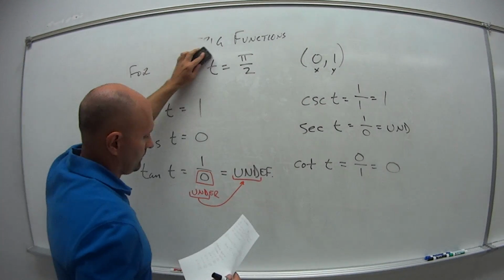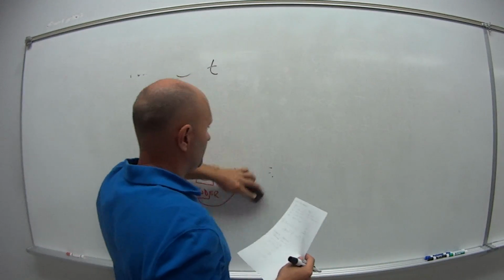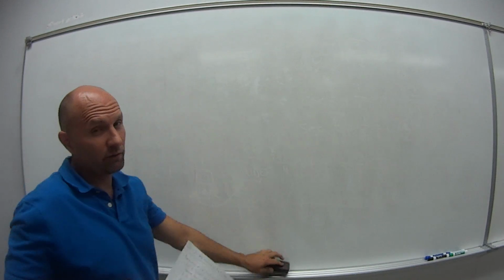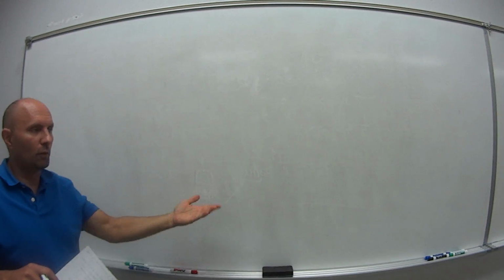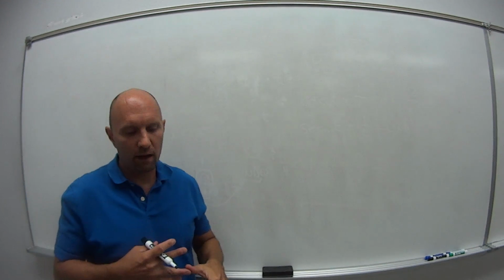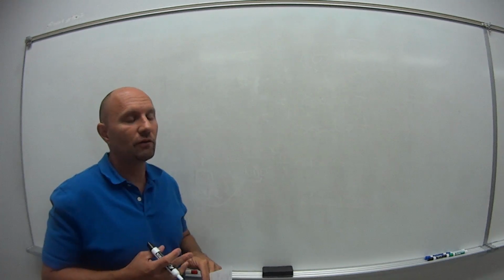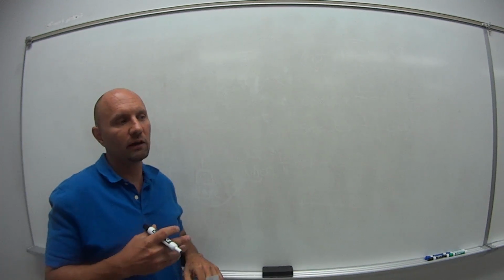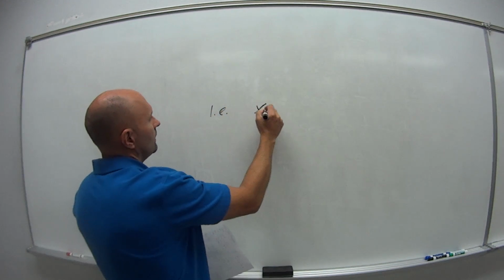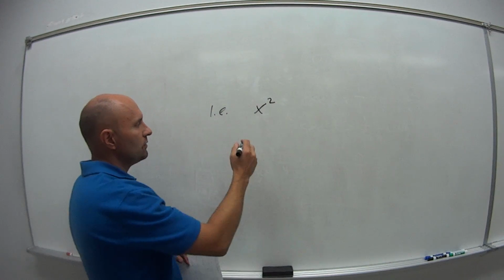All right. So trig functions have even and odd properties. If you recall back to 126, if you came from the 126 class previously, when we talk about even or odd properties of a function, because that's what these are, they're trig functions. So when we talk about even or odd, for example, if we have x squared and we want to know, is this an even or odd function, what do we do?